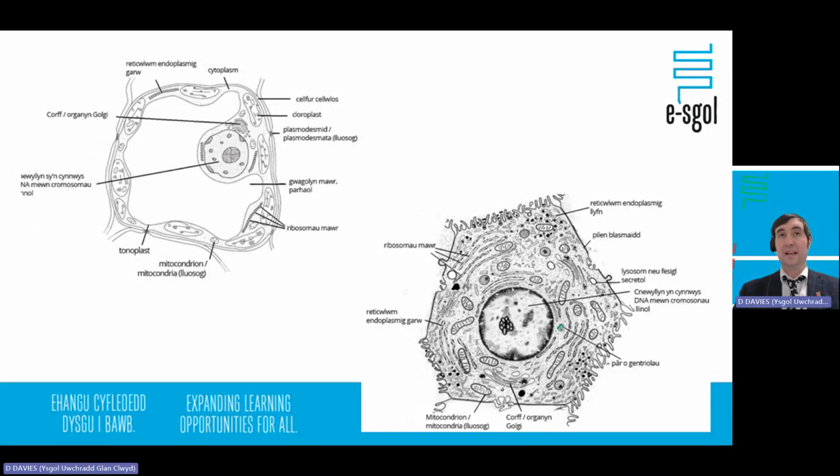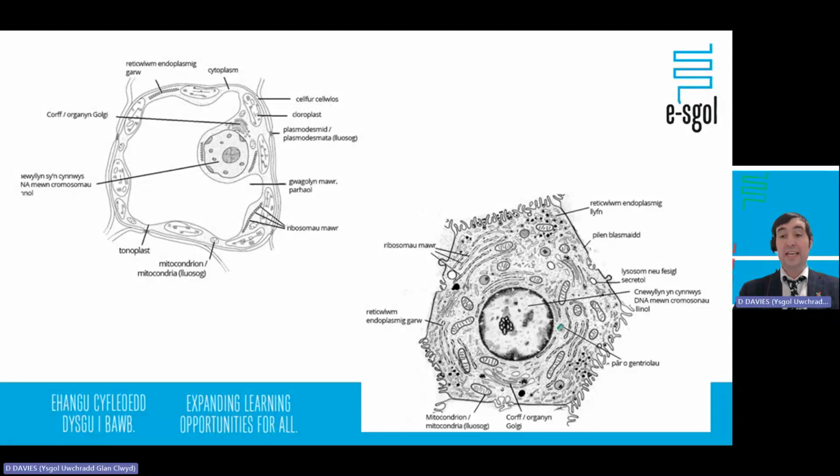Part of that is having a really good understanding of the structure, what the organelles look like, what they do. Another part is making sure that you've seen enough diagrams of cells. The more past paper questions you do, the more cells you see, the more familiar you will be with what the organelles look like.